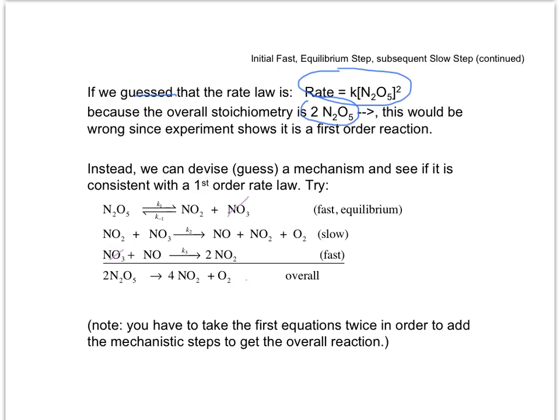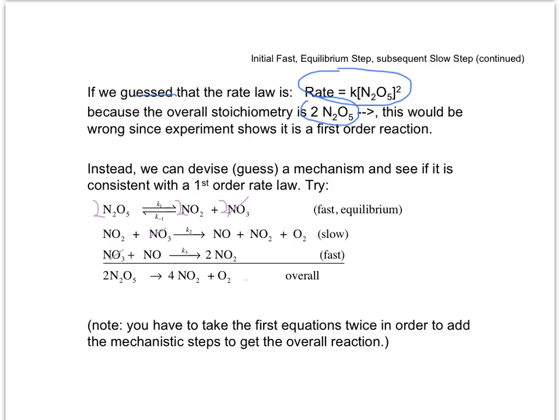That just means stoichiometrically, in order for you to get the overall, you have to take the first step twice, which is not a problem because there are millions and millions of N2O5 molecules in this gas phase system. 2 times the first reaction to balance everything is completely reasonable from that point of view. So if you took the first step twice, let me put a 2 in there, 2, 2, and 2. This is just for the balance now.